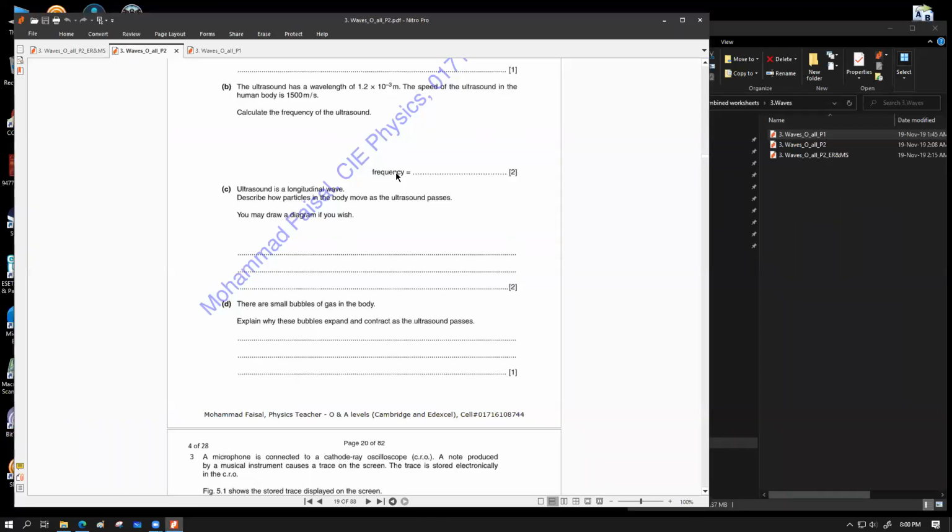So we will say that the human body particles are pushed at a certain region, causing a form of gap, and a concentrated area at another region, thus making a longitudinal wave.